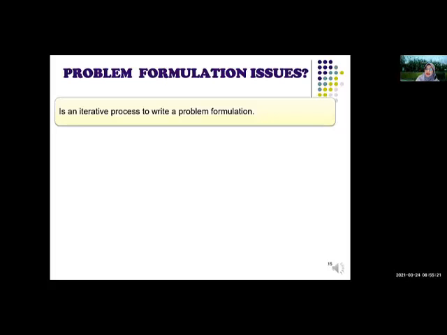This is an iterative process until you submit your thesis, or even after you submit your thesis, during the viva, the panel challenges you. Maybe they suggest a different issue, that you are focusing on a different issue, not the one stated in your thesis. So it's based on how you write your thesis and how you formulate your problem. This is the anchor of your thesis and your PhD.